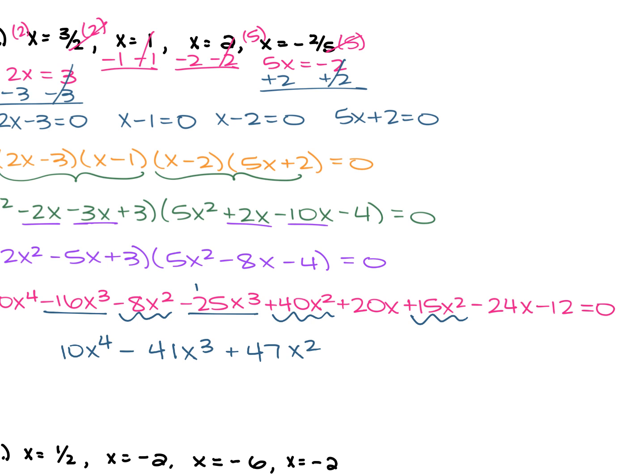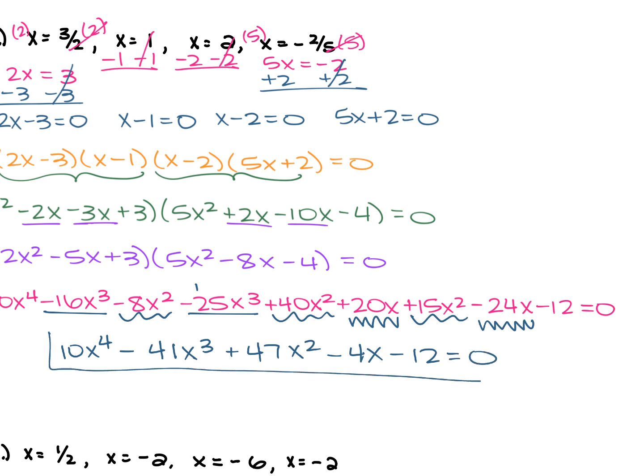Next, we have the 20x and the negative 24x, which we subtract those, and we get negative 4x. That negative 12 does not match with another constant, so we drop it down, make sure the whole thing is equal to 0. So that gives us 10x to the fourth minus 41x cubed plus 47x squared minus 4x minus 12 is equal to 0.